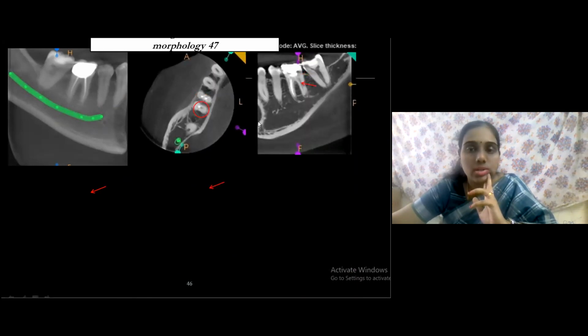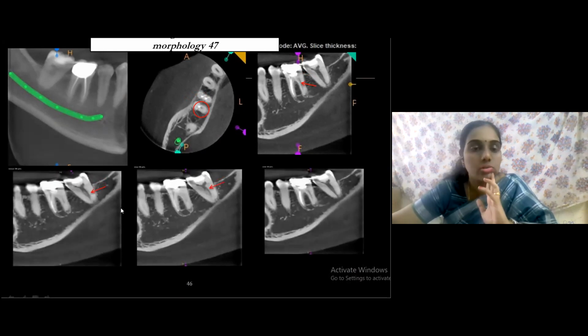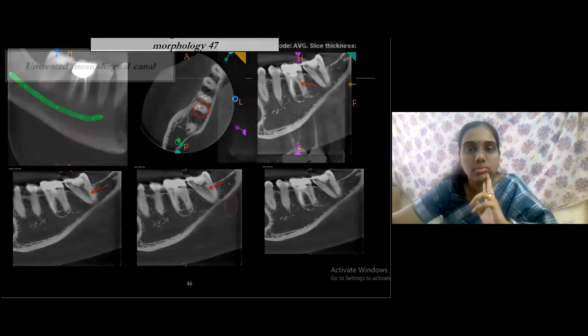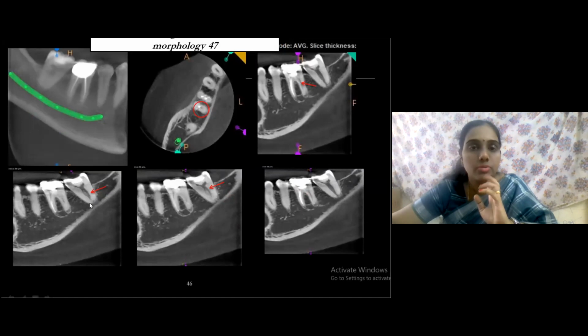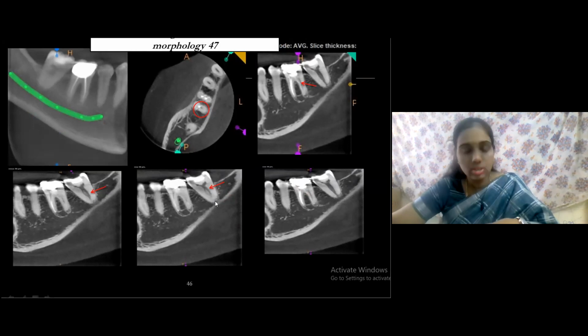Now you could see that there is a missed canal, which is very clearly seen in the sagittal section, and also please note the root canal morphology of 4-7 here. So it is like one canal which is dividing into 2, and then it is again merging into 1. So these are some of the applications in endodontics.